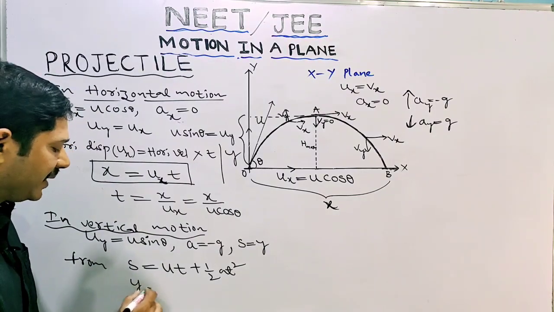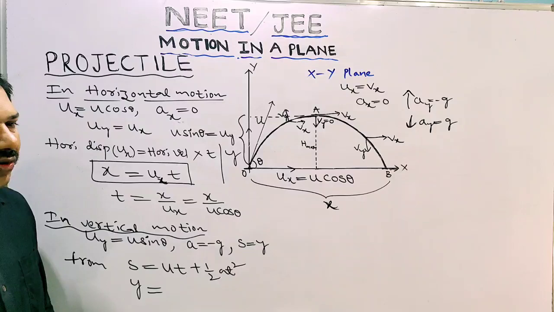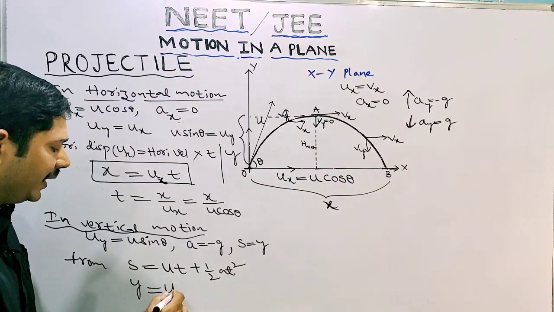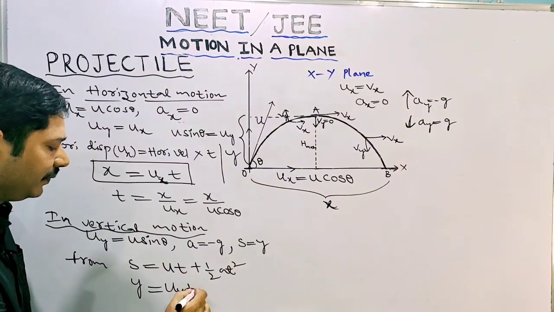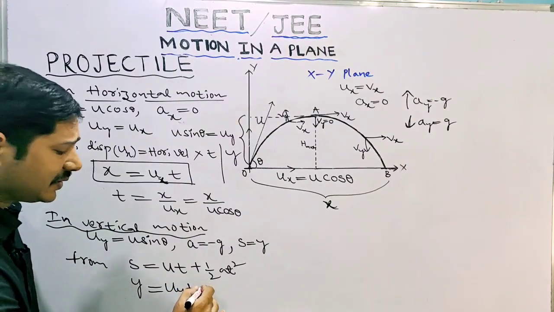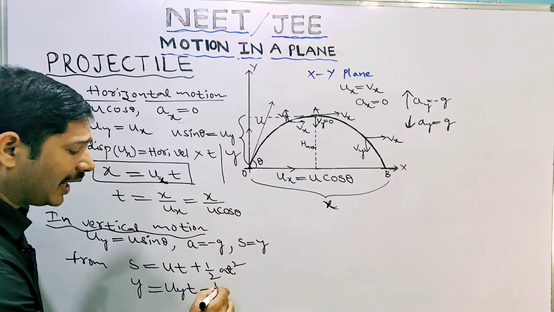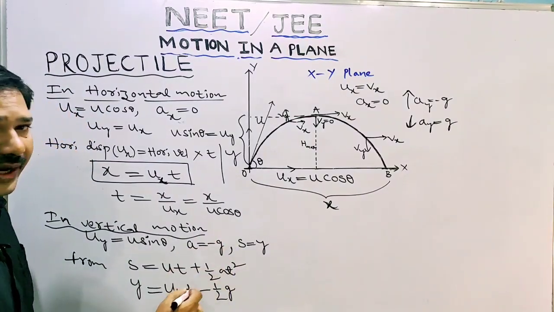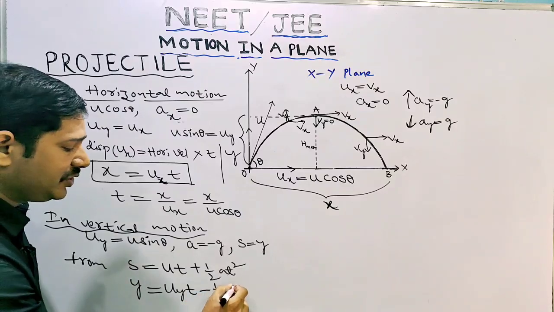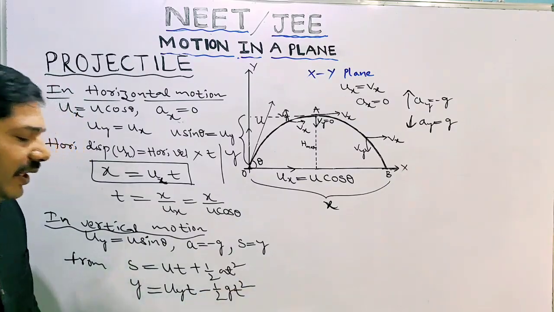Here the displacement is y equals uy t plus half gt square, and since the acceleration is minus g, it is minus half g t square.